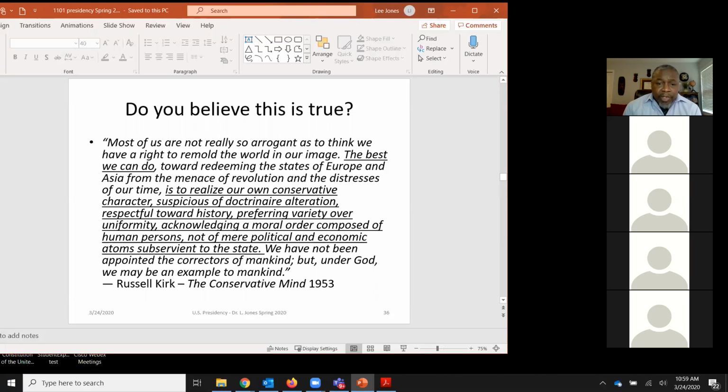For the conservative, in the words of Russell Kirk, "we have not been appointed the correctors of mankind, but under God, we may be an example of mankind." Do you accept that this is true?